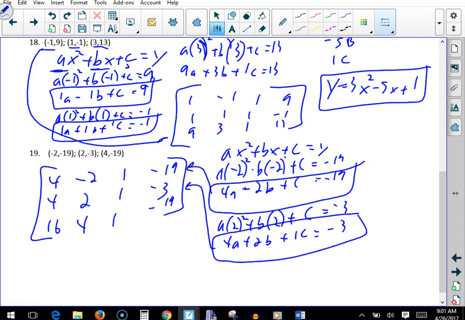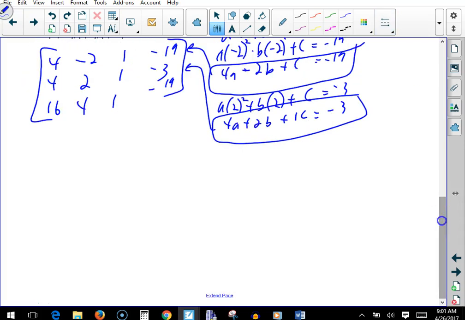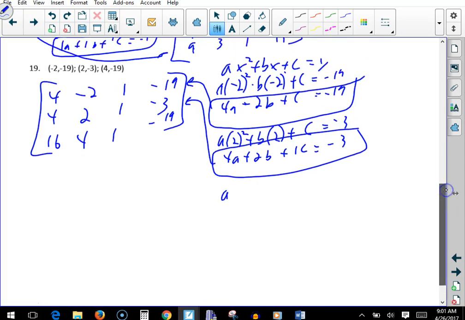There's my second line right there. And last but not least, A, 4 squared, plus B, 4, plus C equals negative 19 again. 4 squared is 16A. 4 moves in front of the B, plus 1C equals negative 19.